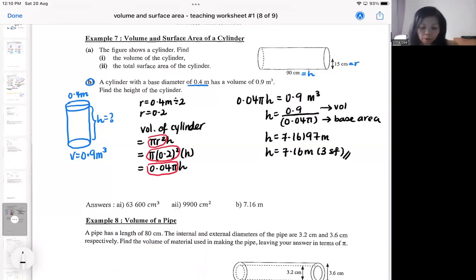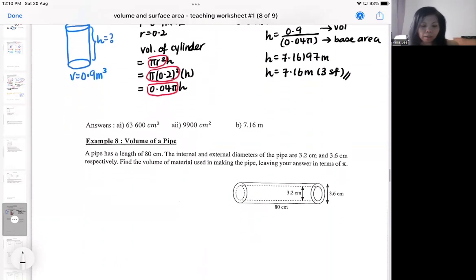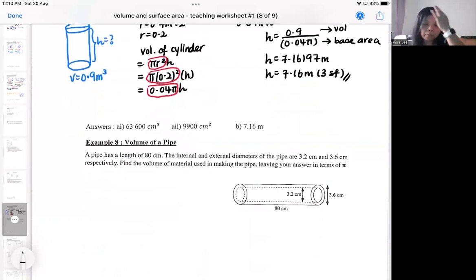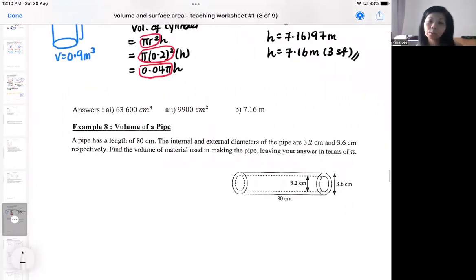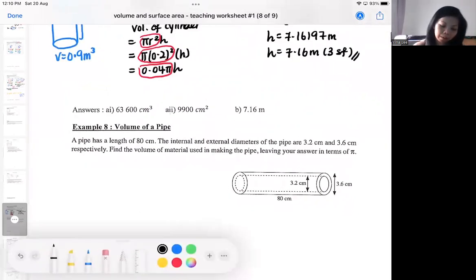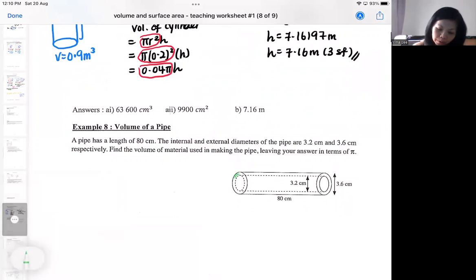So the next question is a bit like a hollow cylinder. It's hollow, that's why there is an internal diameter and an external diameter. The volume that you actually use to make the pipe is this part.